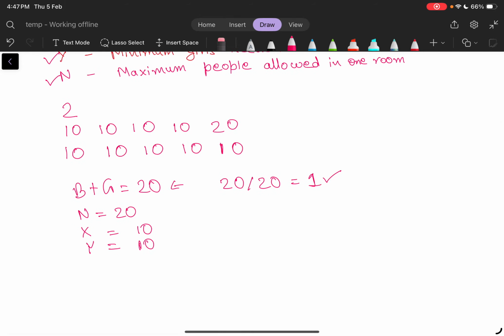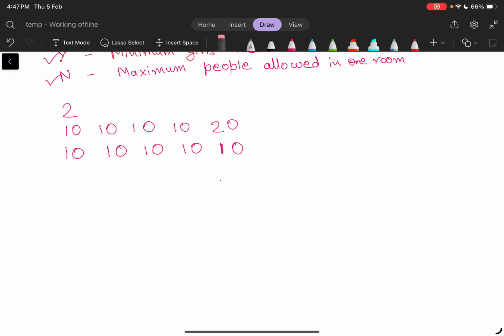Coming to the second test case, if you see properly over here, in one room only 10 people can be accommodated, but what is the value of X and Y? X value is 10, Y value is 10. So at least 10 boys should be present in one room, and at least 10 girls should be present in one room.